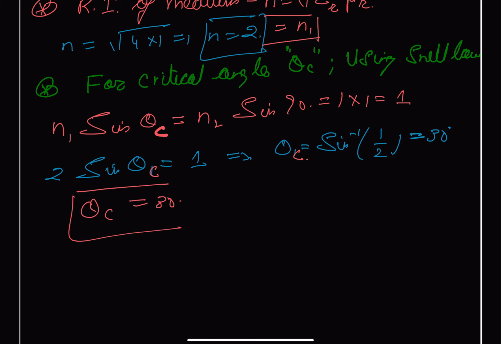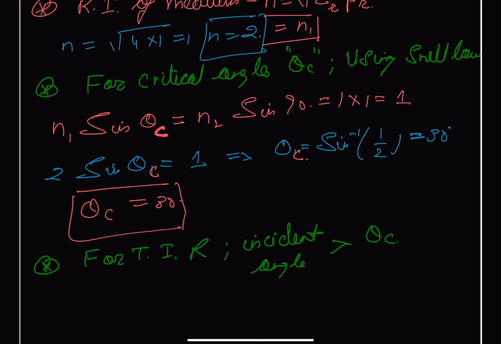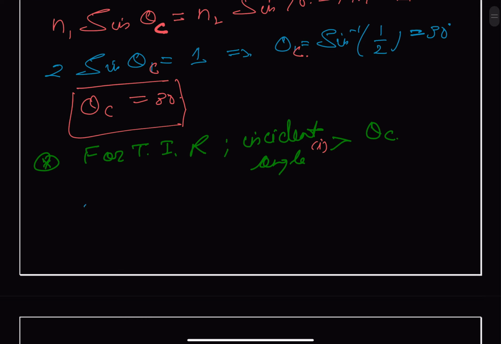But for total internal reflection, the angle of incidence should be greater than the critical angle. So for total internal reflection the incident angle, if represented as i, should be greater than theta c, which gives us that i should be greater than 30 degrees.